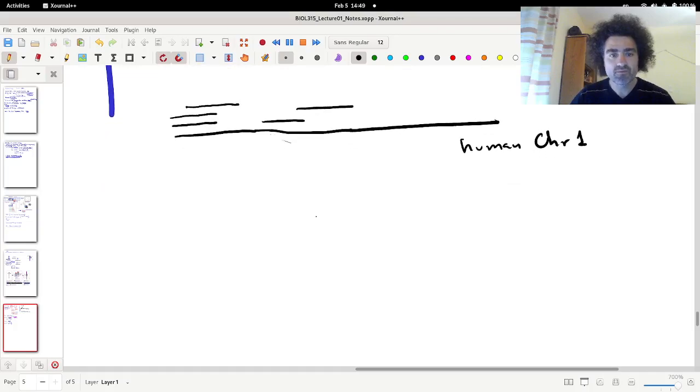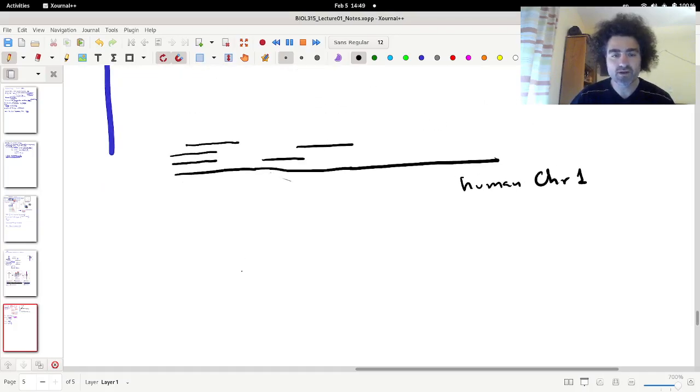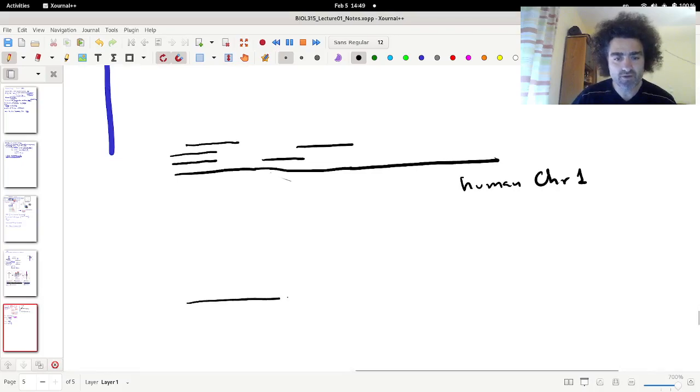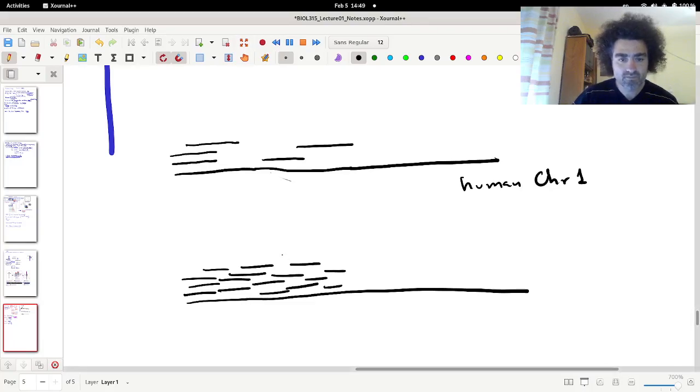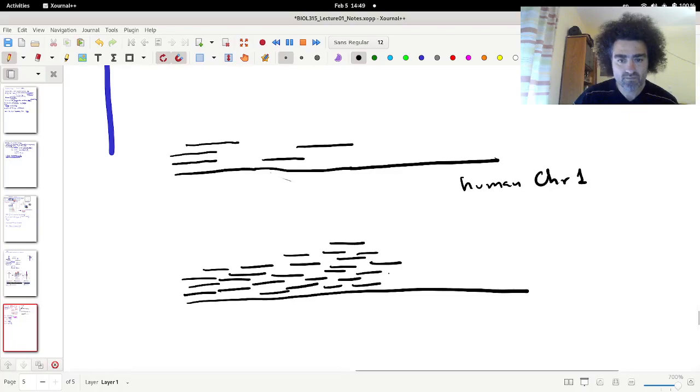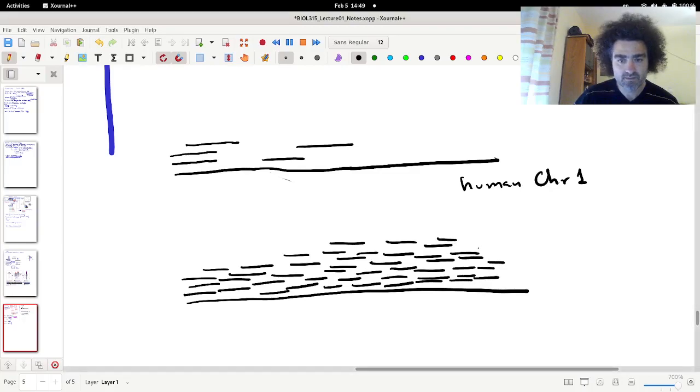Now if we would have millions of fragments, or several thousands of fragments, actually millions we have, then the image would be like that, and so on.